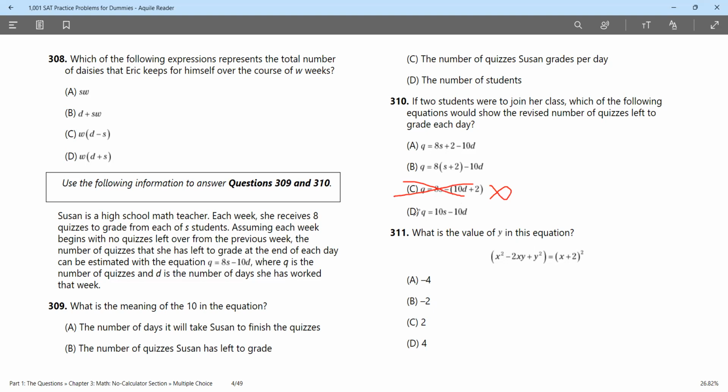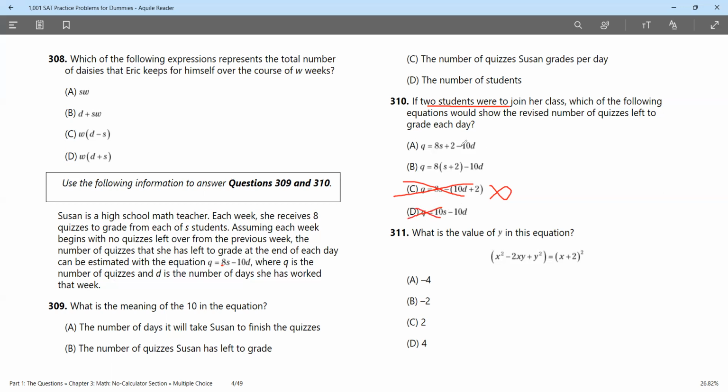If we think about D, it says 10S instead of 8S. We said before that 8 is the number of quizzes of each student, so now it would be 10 quizzes for each student. But it said in the beginning that two students were to join, so D is also wrong.